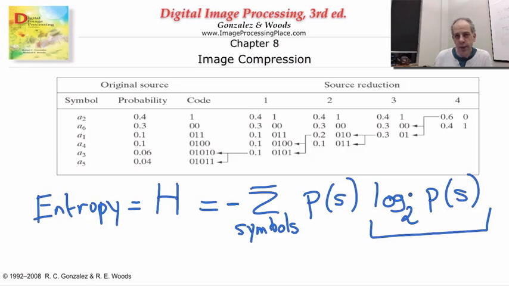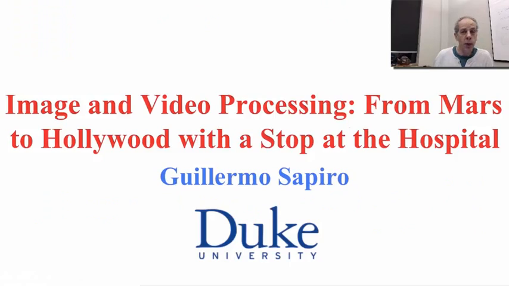And it's only the expected length because you cannot have a code which is 3.2 long. You have to send entire bits. Either you send 3 bits or you send 4 bits. That's why this is on average, the expectation, what you expect to be the code length. But this gives you an idea of what encoders like Huffman coding can achieve. So now that we know how to encode the bits that we are producing, we are ready to go into the next blocks of image compression.